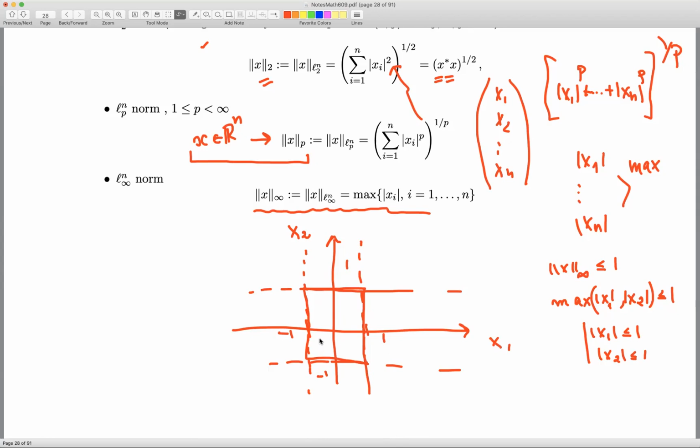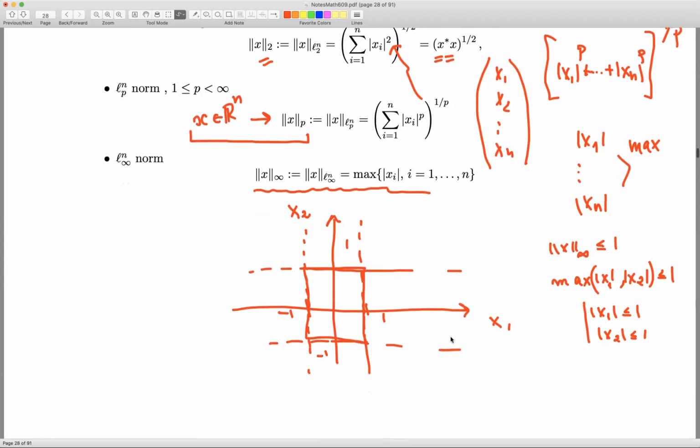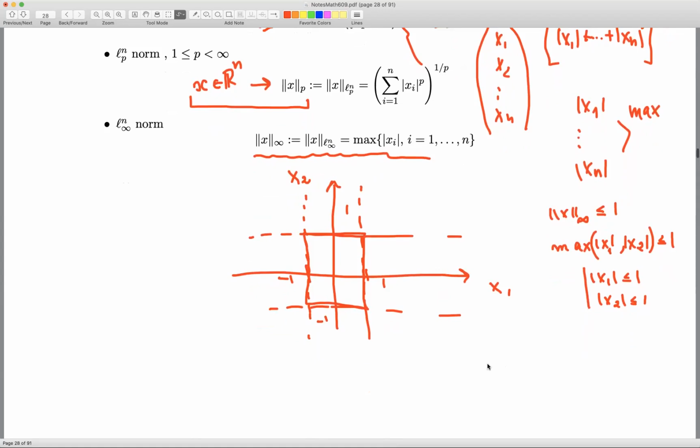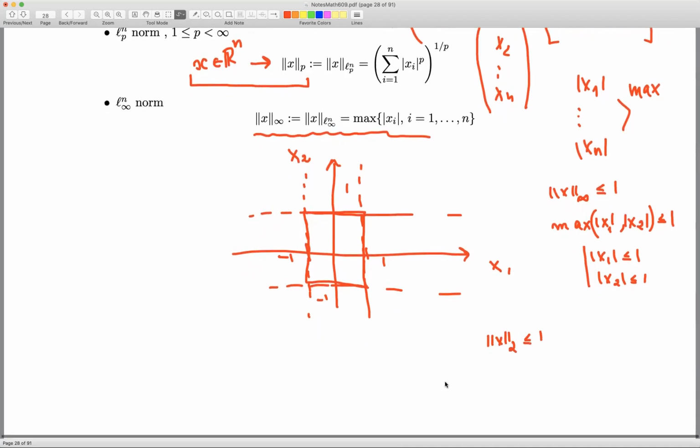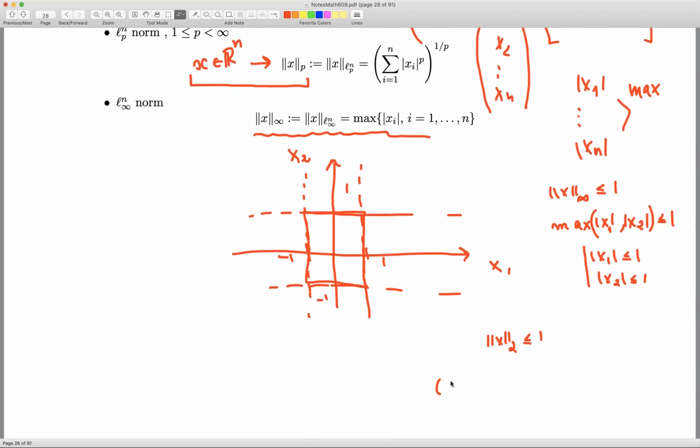Now, when we talk about the unit ball for the L2 norm, this is the set of all x's for which the 2 norm of x is less than or equal to 1. The 2 norm of x is the square root of the absolute value of x1 squared plus the absolute value of x2 squared. Since we are in the reals, we can forget about the absolute value.